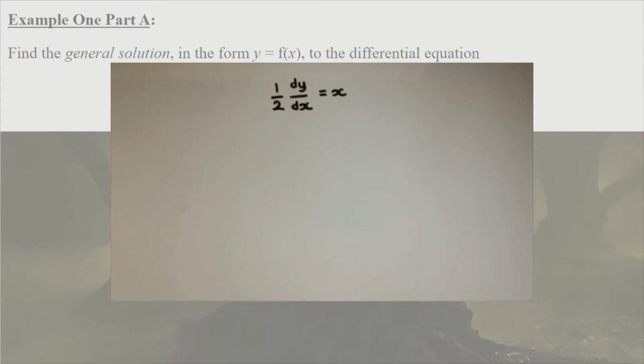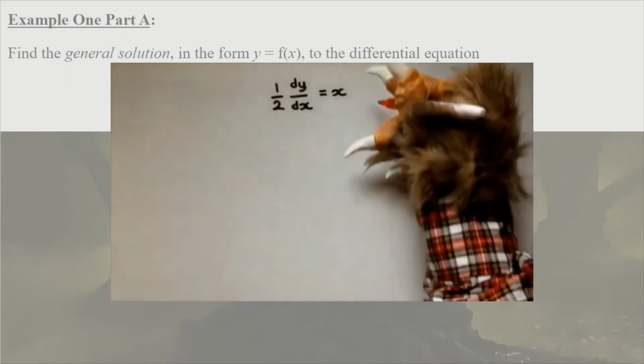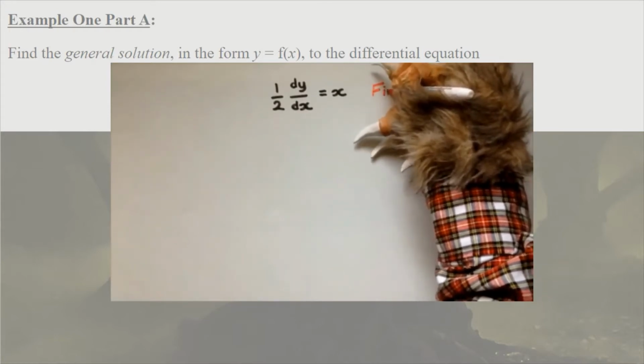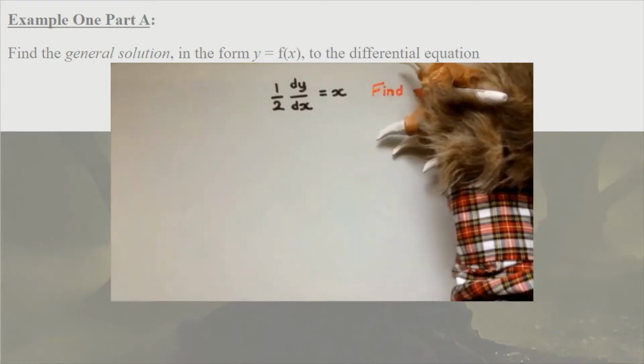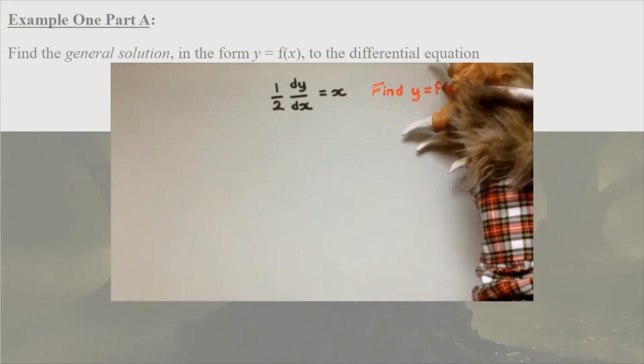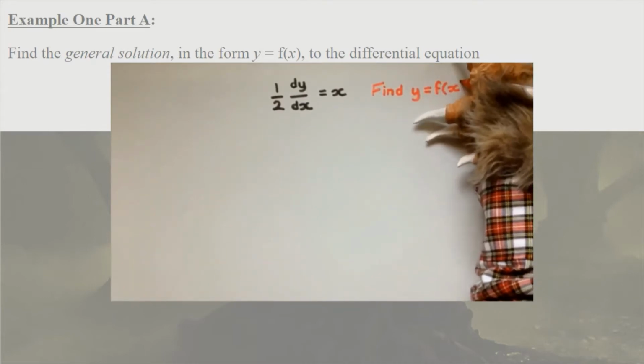So let's just jot down what our aim is. Remember, we want to find out what this function y actually is, and it's got to be expressed as a function of x. So we're going to find y, and that's equal to f of x. This is in your notes, of course, I'm just reiterating it.